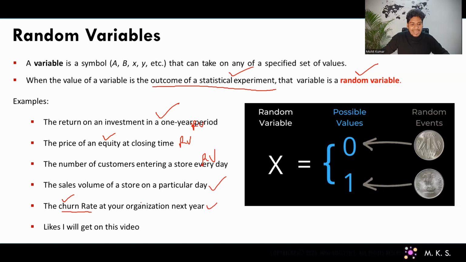So churn rate at the organization, that's a big problem for a lot of companies like Infosys, TCS, or these consultancy companies, right? So they deal with this churn rate. Similarly, there are customer based product companies, like let's say JFL, Jubilant Foodworks, they have the master franchisee of Domino's.